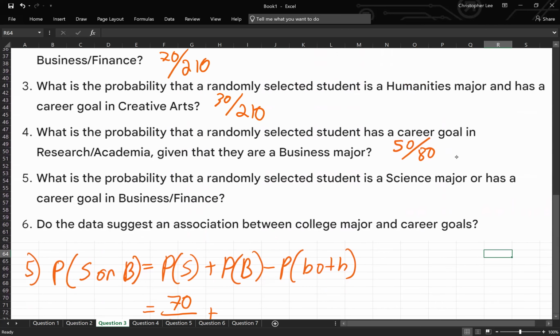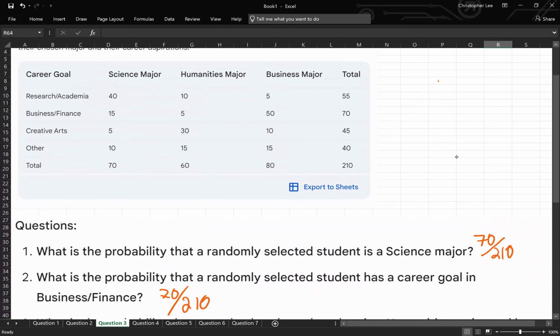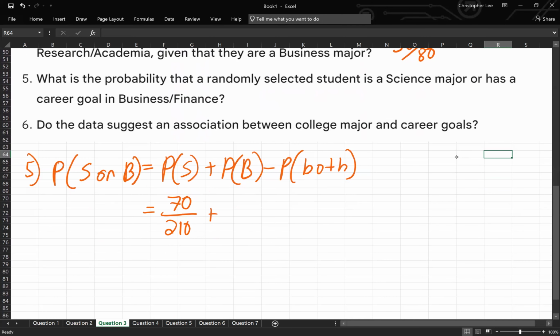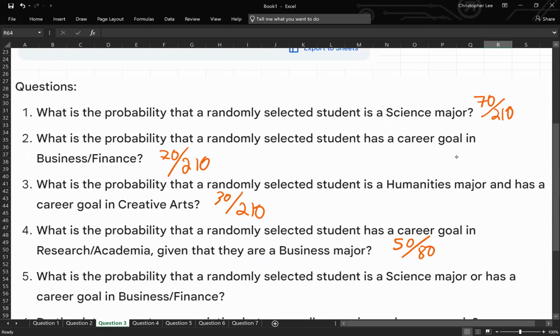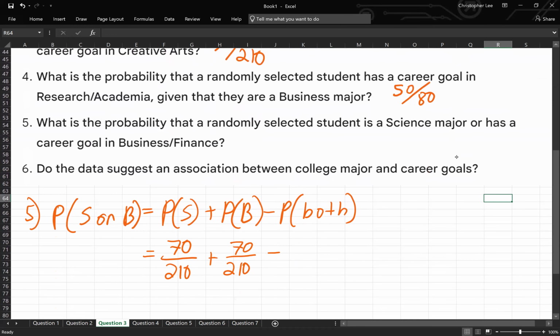Plus, what's the probability of having a career goal in business and finance? 70 over 210. Now, how many people have a major in science and a career goal in business and finance at the same time? 15 over 210. Very good.